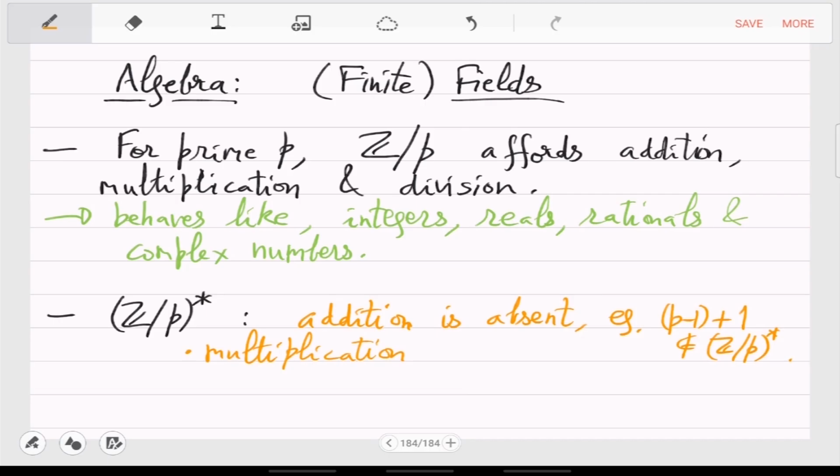So multiplication is there. And what about division? So division is also present, because division anyways in Z/P was because of, after removing 0. So if you remove 0, that property is still there.